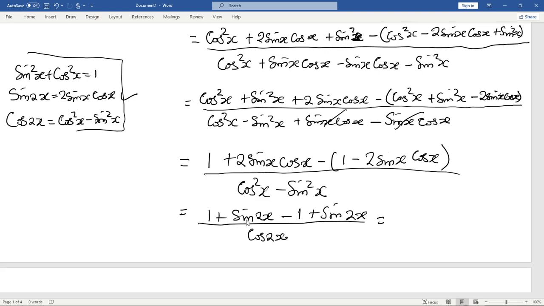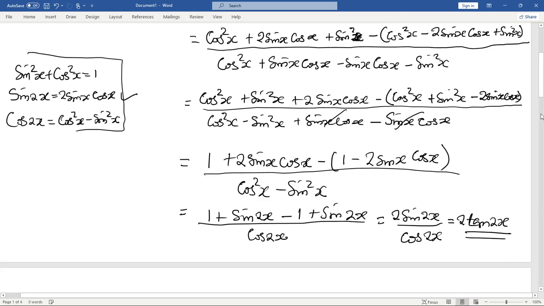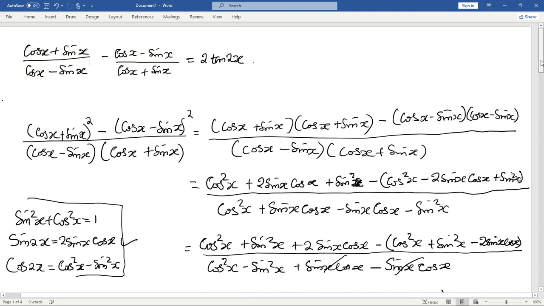If we add sin 2x and sin 2x, we get 2 sin 2x divided by cos 2x. We know that if you divide the sine function by the cosine function, you get a tangent function, so we have 2 tan 2x, which is equal to the right hand side, as required in the question.